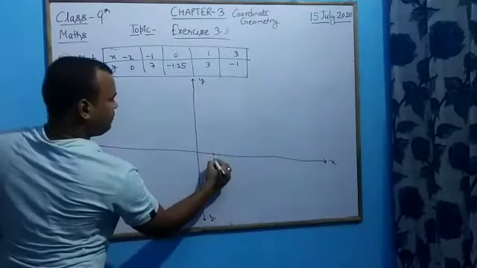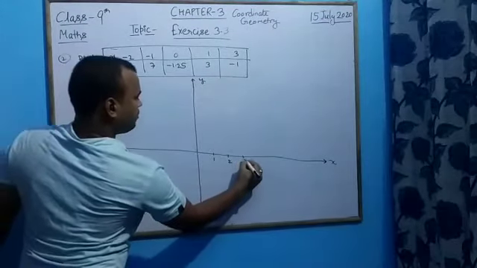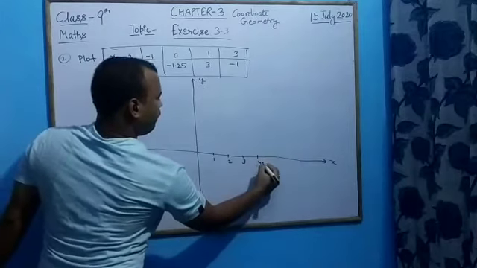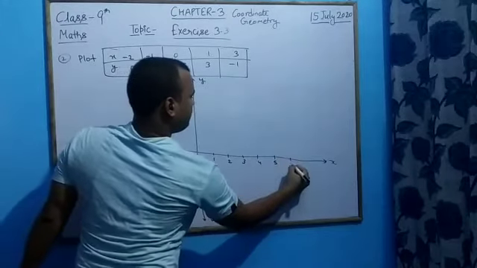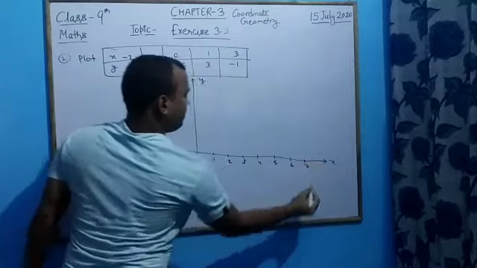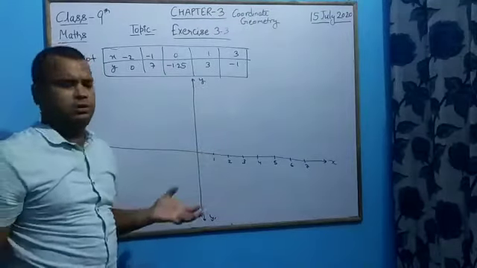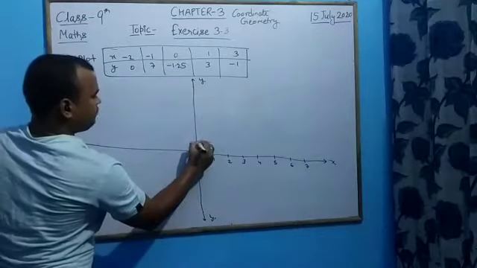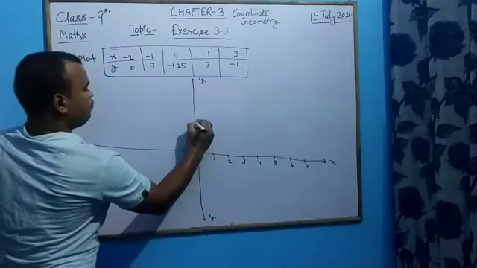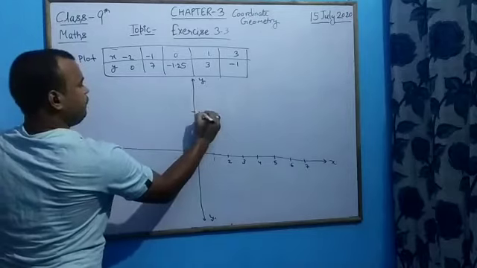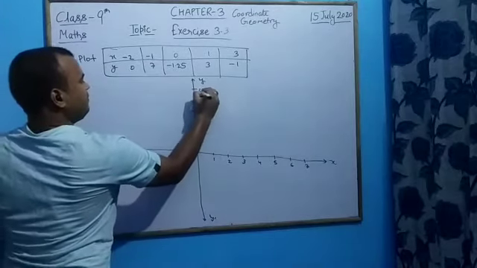Mark the points 1, 2, 3, 4, 5, 6, 7. Here each centimeter denotes 1 unit. Mark on this one also 1, 2, 3, 4, 5, 6.